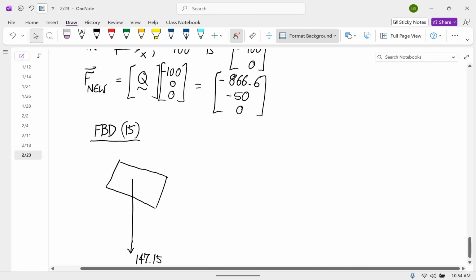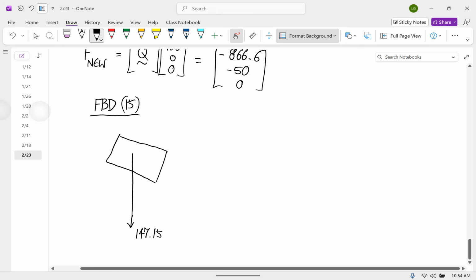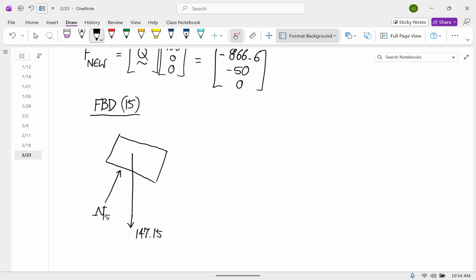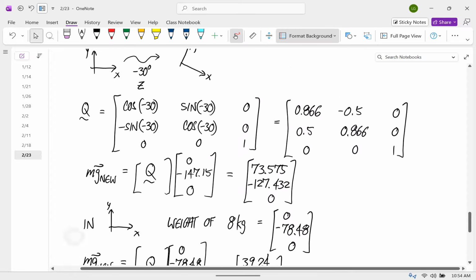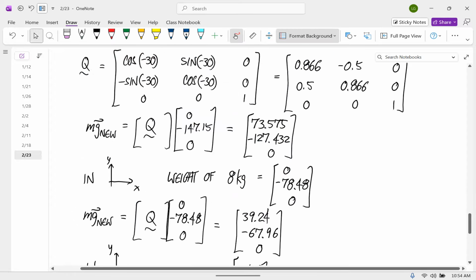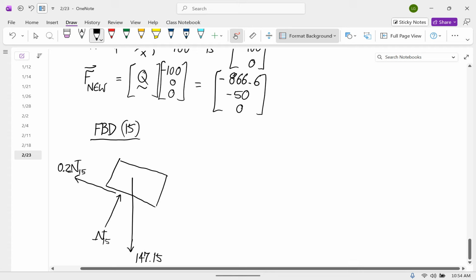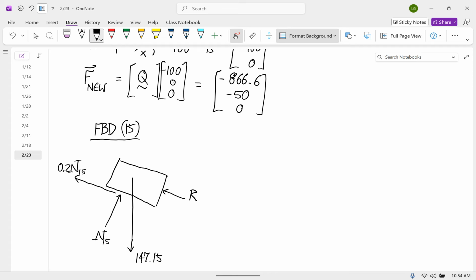That means that the friction force is up the incline. So we have an N15 here. We have a friction force up the incline of 0.2 times N15. And then we have a contact force, it's a pushing force. I'll write that as R. Any questions about that first free body diagram?